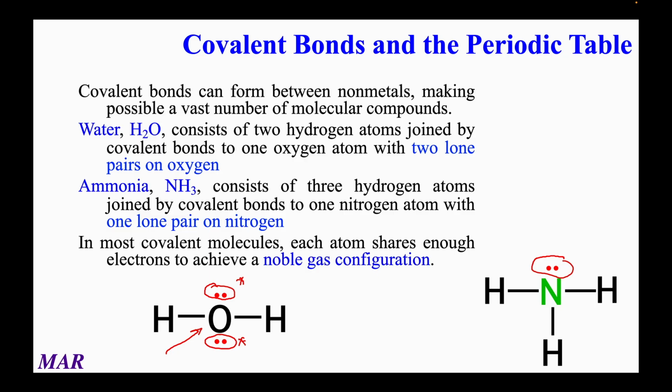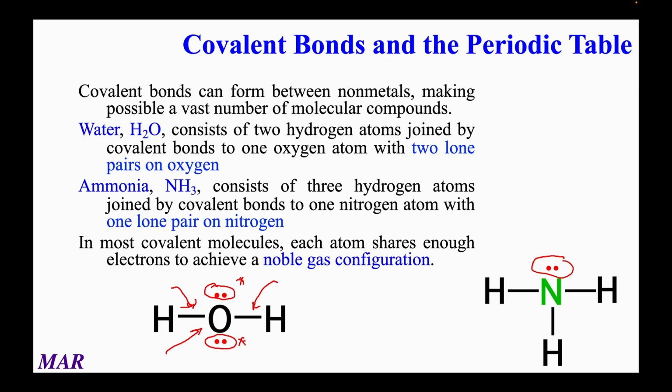And in addition, these lines right here are called bonding pairs. And bonding pairs also have 2 electrons. So there are 2 plus 2, 4 electrons from bonding electrons with hydrogen. And oxygen also has 2 plus 2, 4 lone pair electrons. So that's a total of 8 electrons, or 4 pairs. That's going to give it its noble gas configuration.